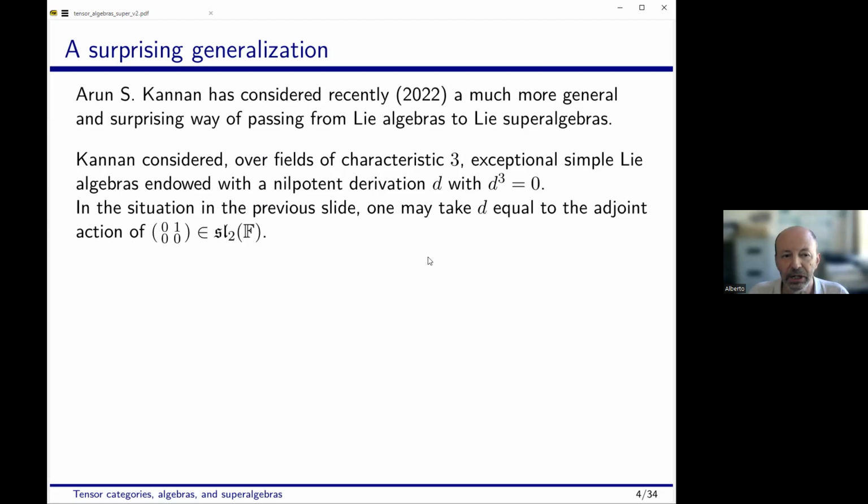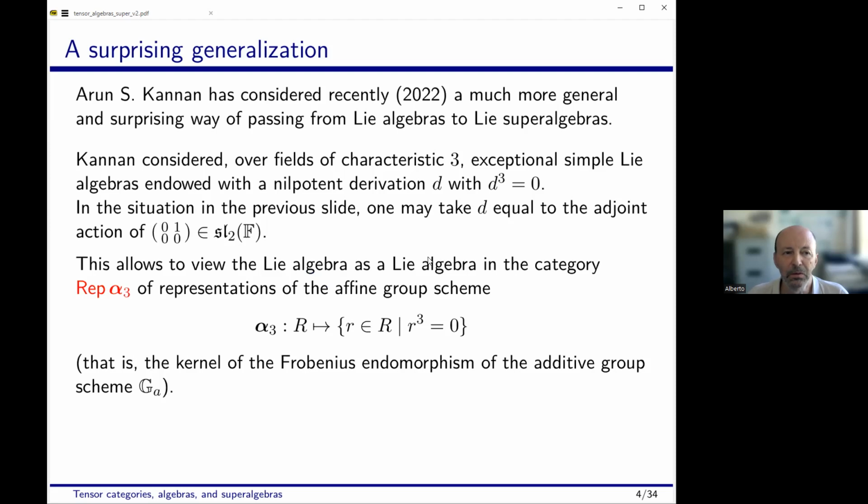So this nilpotent derivation allowed Arun Kannan to view the Lie algebra as a Lie algebra in the category of representations of the Frobenius kernel of the additive group scheme, G_a. So in particular, he viewed the Lie algebra as a Lie algebra in a specific nice tensor category.